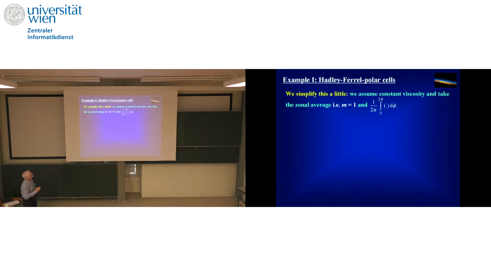Okay, so let's do something a little more exacting. Let's see if we can have a look at the Hadley-Ferrel-polar cell structure, which describes the cells from the equator to the pole, 3 of them. Could we recover that?